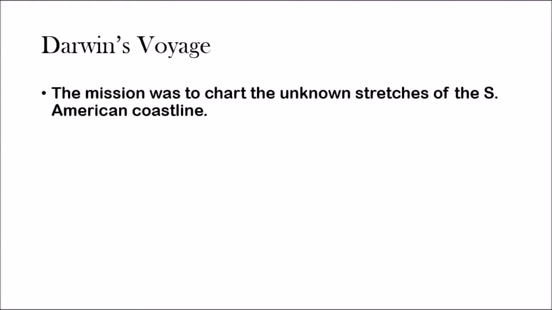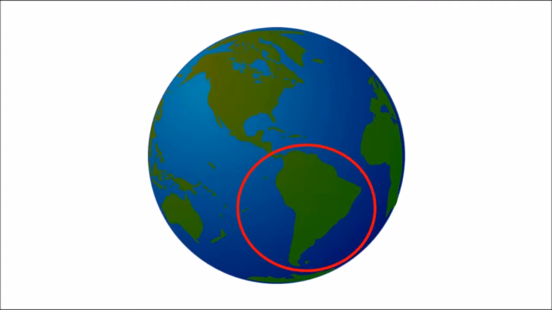Now, Darwin's voyage, the HMS Beagle's mission at the time was to chart the unknown stretches of the South American coastline. And on this voyage is where Darwin really made his theory on evolution and got all these ideas. That's South America.